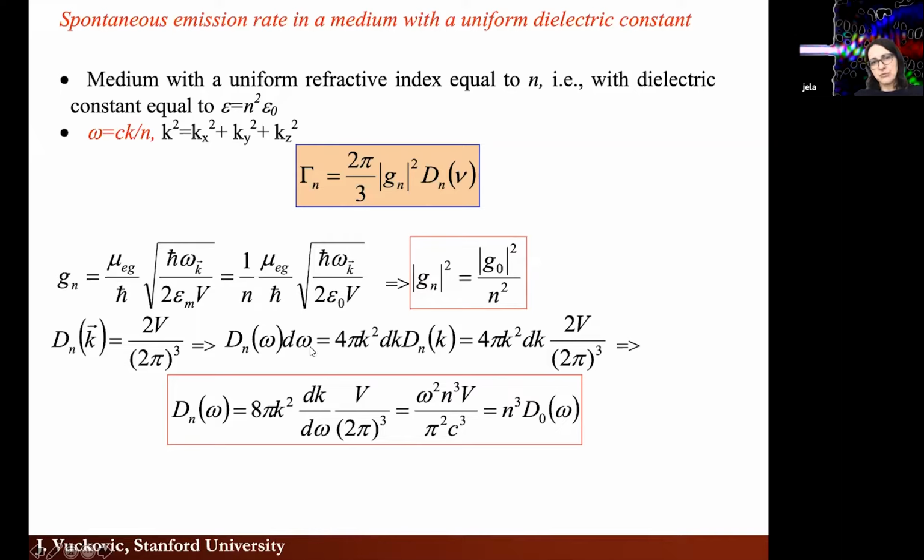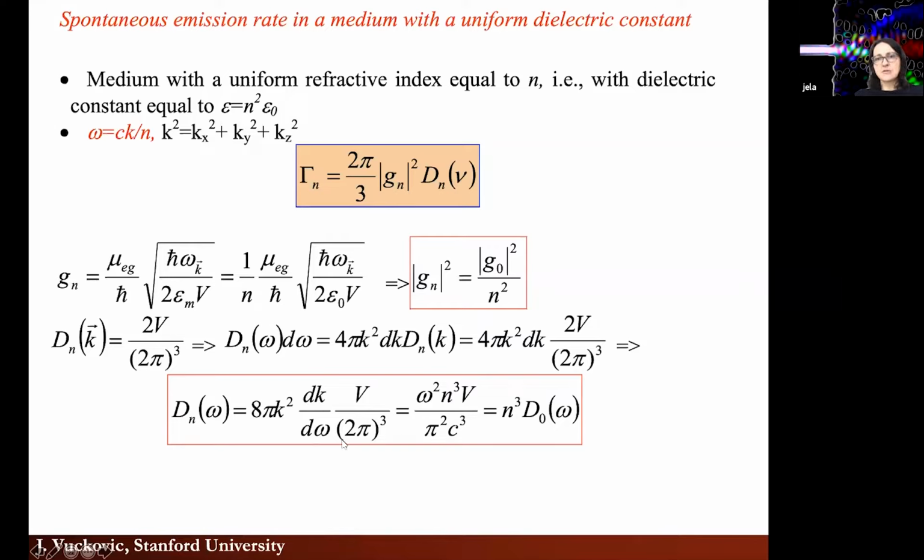So now, you know, when you count all the modes, when you go back to the density in frequency space, there will be something that depends on dk per d omega. And there is also k squared, and k squared depends on omega times n, right? So there will be an extra n squared coming from dependence between k and omega. And then one more n coming from the derivative of k relative to omega. That comes from the dispersion relation.